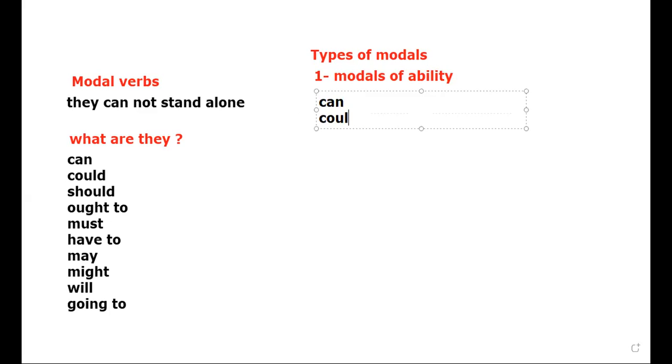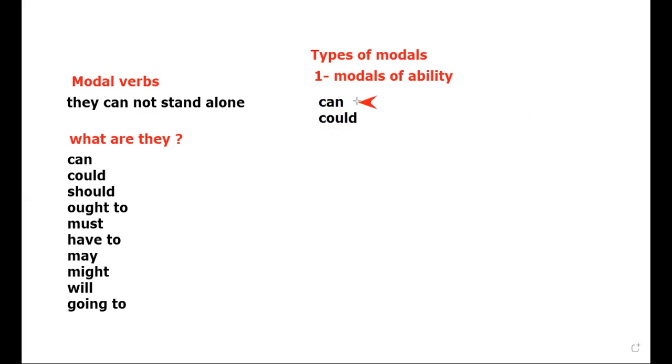Can and could. Remember that it is pronounced as could. The L is silent in the word could. Could. So what's the difference between the two?